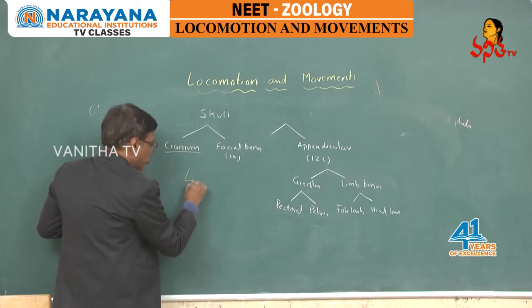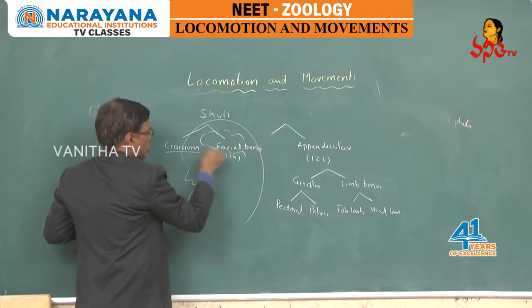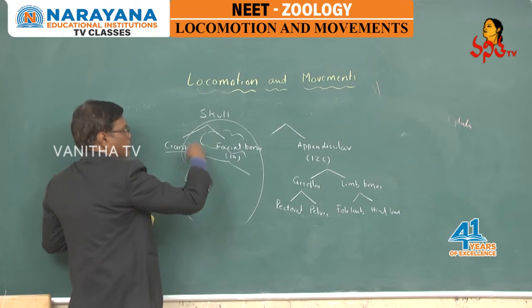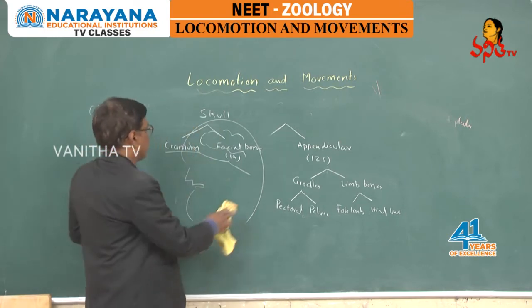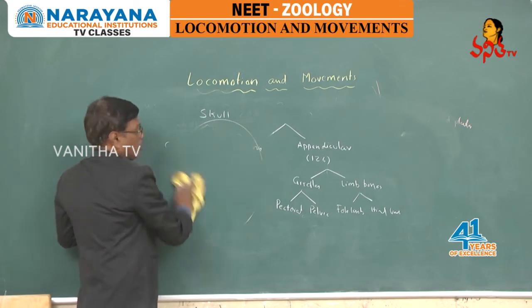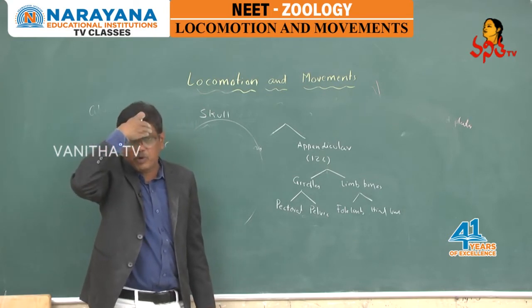If you look at a human picture, here the brain is present. This part of the skull which is enclosing the brain is called our cranium. The cranium has 8 bones. This part is the frontal bone.